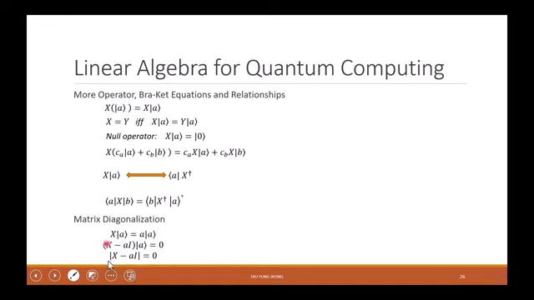So in order to have a non-trivial solution, meaning not all components are zero, we need the determinant of this to be zero. So you need to know how to do the determinant. By doing this, you will be able to solve for the eigenvalue. Once you know the eigenvalue, you can continue to solve for the eigenvector.